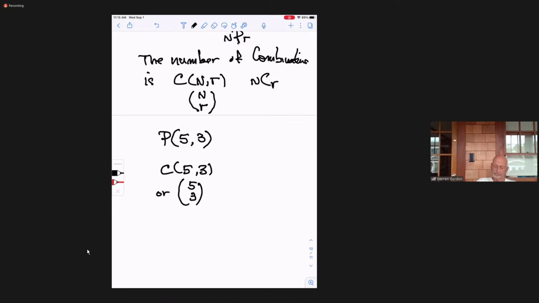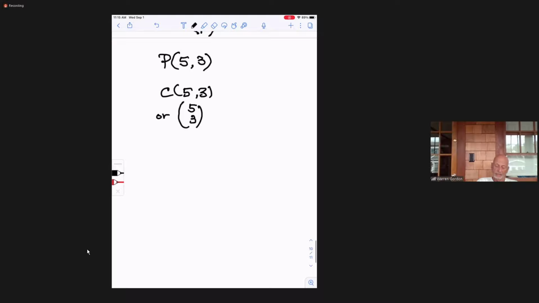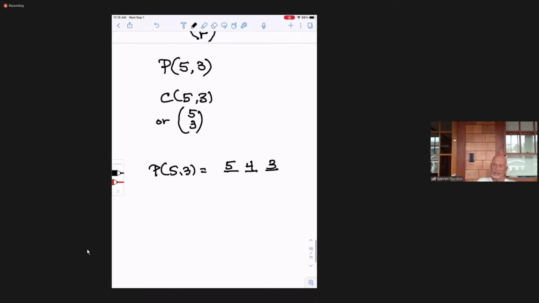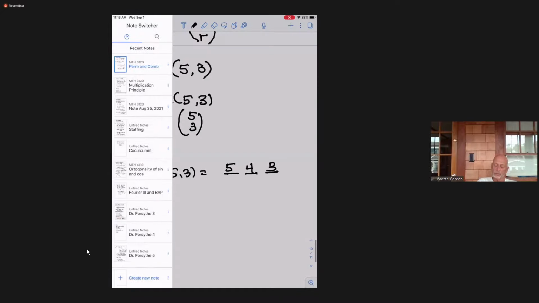Either one. And by the way, we saw above that for P(5,3), basically all I had to do was the following. 5, 4, 3. I have 5 choices for the first position of the list, 4 choices for the second position, 3 choices for the third position. And by the way, this happens to just be 60.